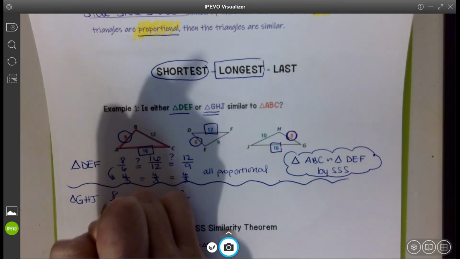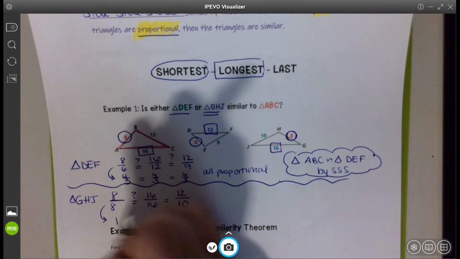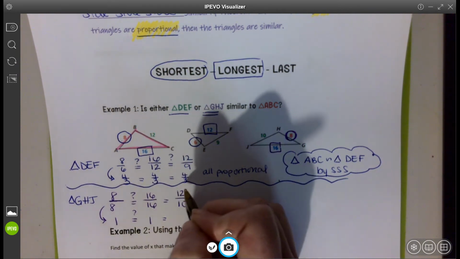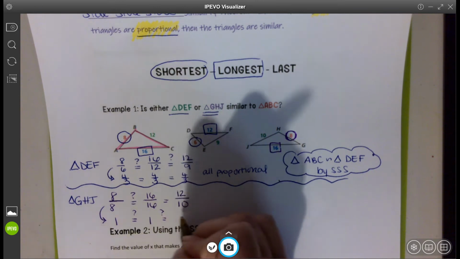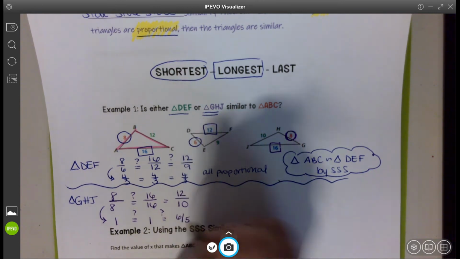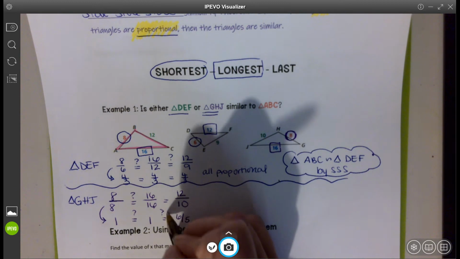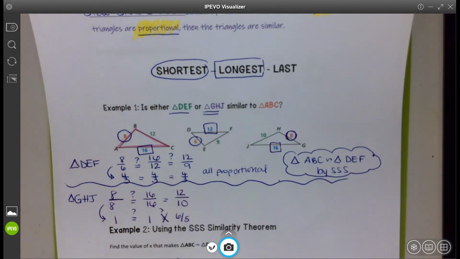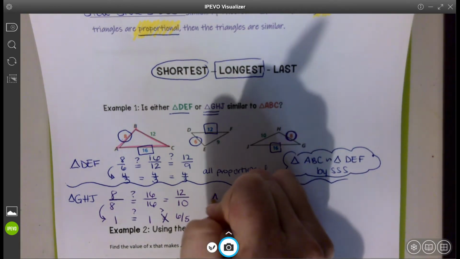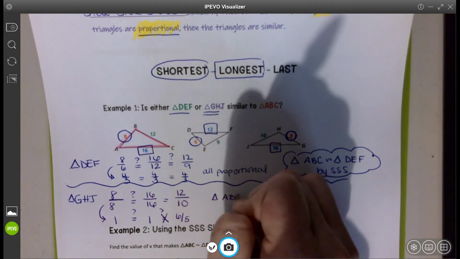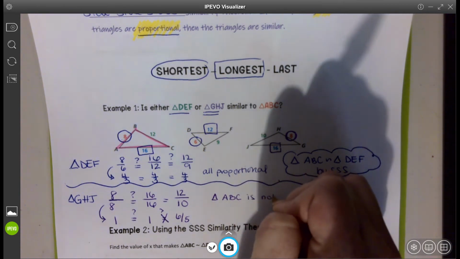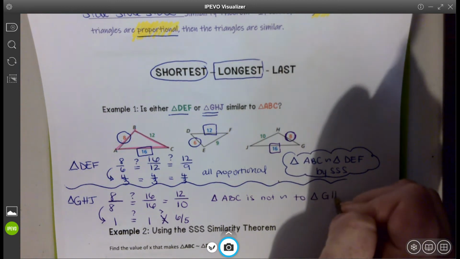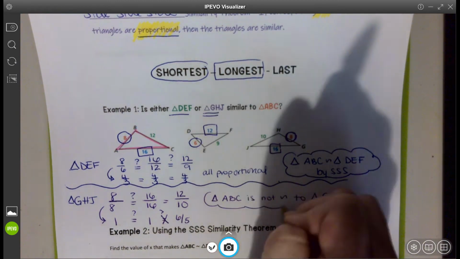Now we're going to reduce. 8 divided by 8 is 1. 16 divided by 16 is 1. 12 divided by 10 is 6/5. That's not the same. They're not equal. So since I don't have the same numbers each time, triangle ABC is not similar to triangle GHJ. You want to make a statement after all your work.